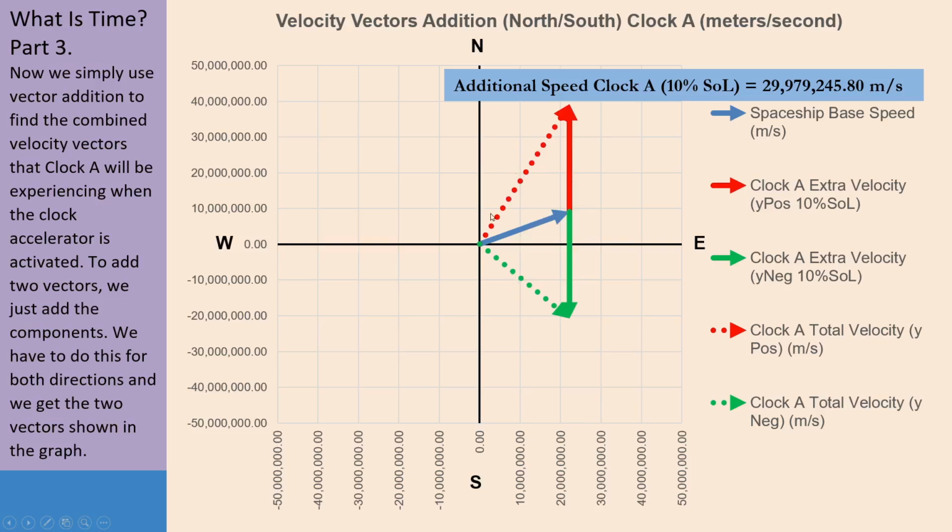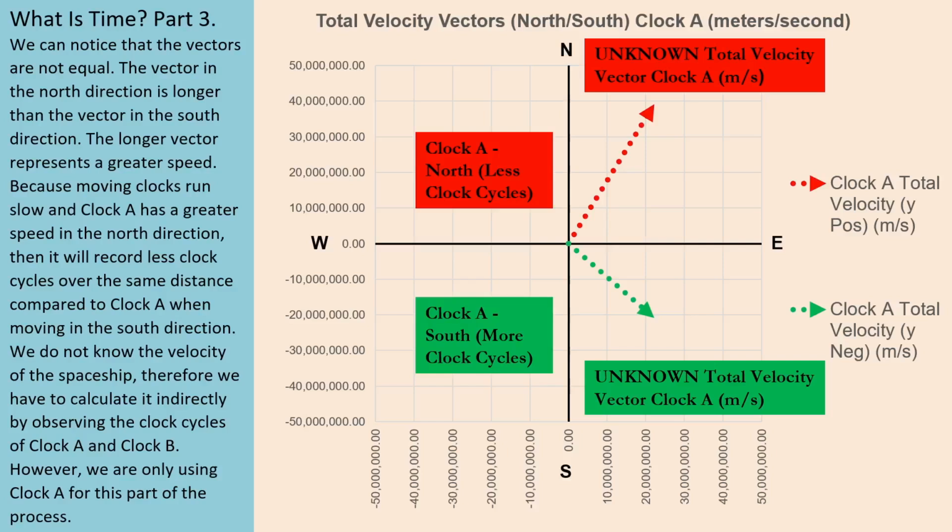And we don't know what they are yet, but we will see how we can use those in the next slide. We can notice that the vectors are not equal. The vector in the north direction is longer than the vector in the south direction. The longer vector represents a greater speed.